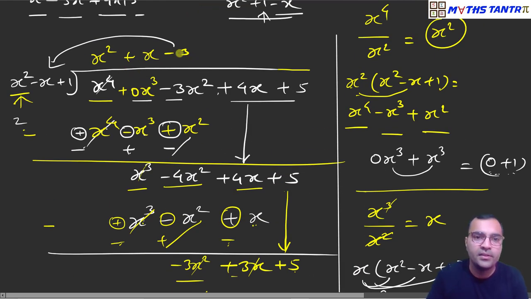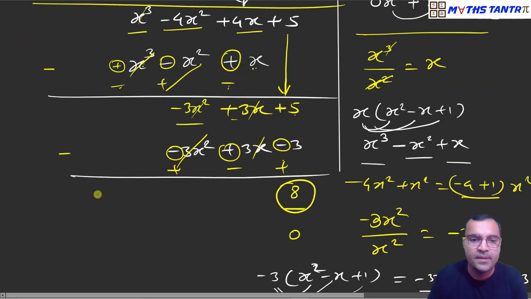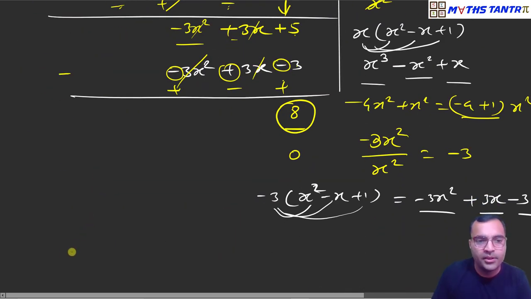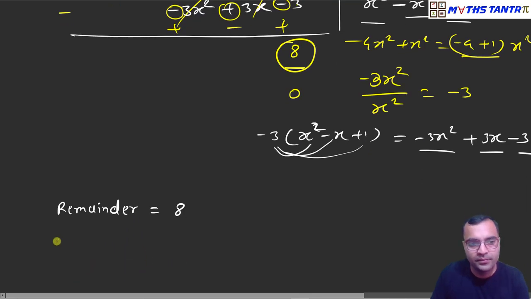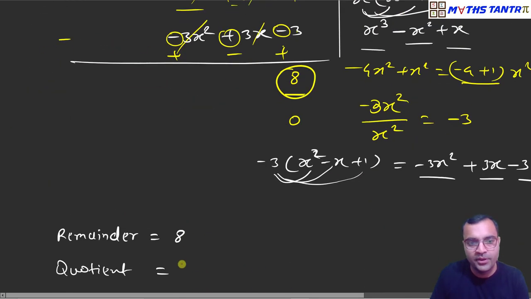So this will be our remainder, right? This will be our quotient. Okay. So just write it down then. Remainder is 8. Quotient is x square plus x minus 3.